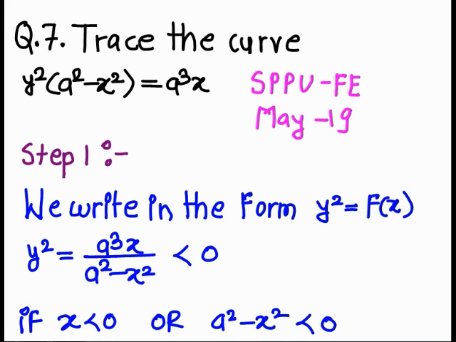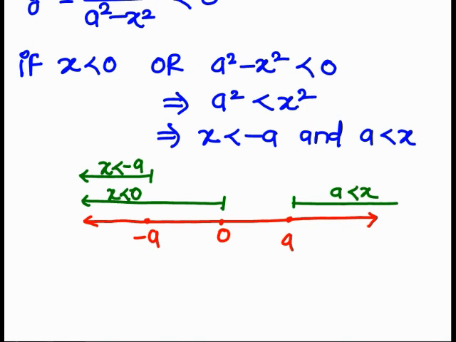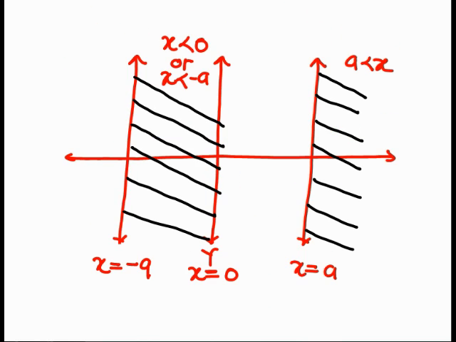In step 1, we find the region of absence. So in step 1, we get the region of absence for all values of x greater than a, and for all values that lie between minus a to 0.